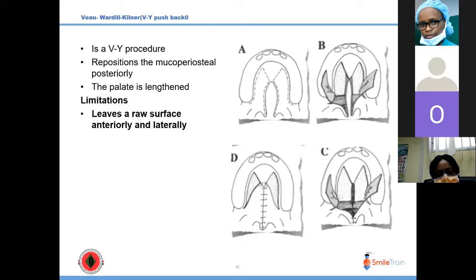So we are converting the V into a Y. And then we are going to move this all down. We move it right down to the soft palate, as you can see. So when you move right down to the soft palate, then you'll be able to close the soft palate. And then at the end of the day, when you finish closing the palatal mucosa, you are going to be left with this defect. You can see how wide the defect is.